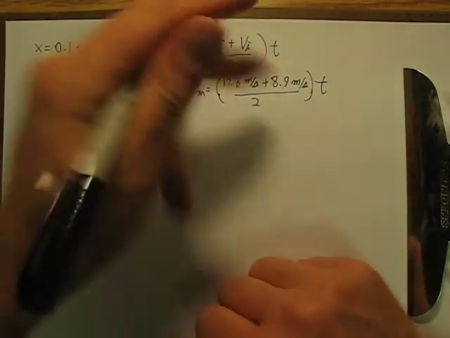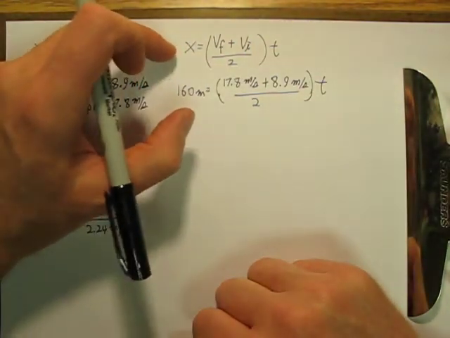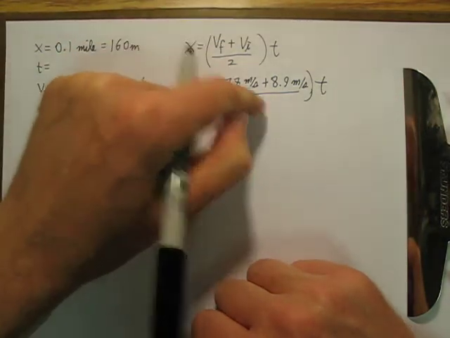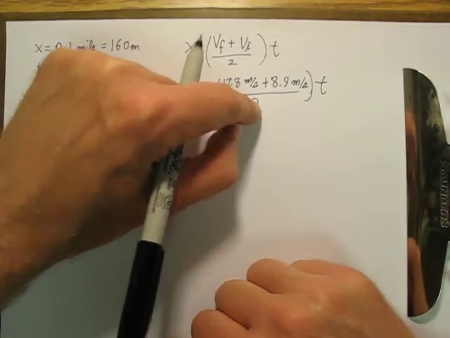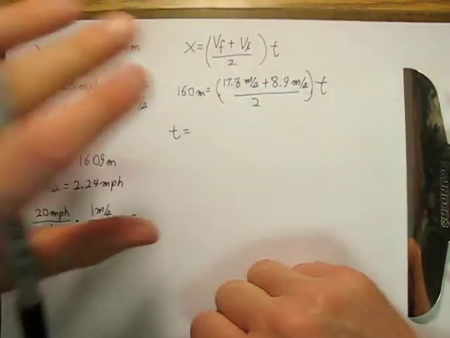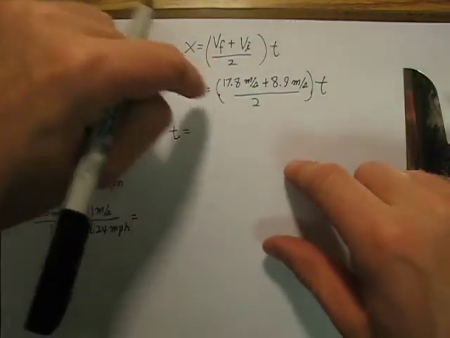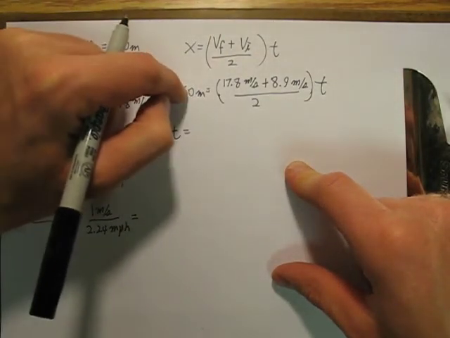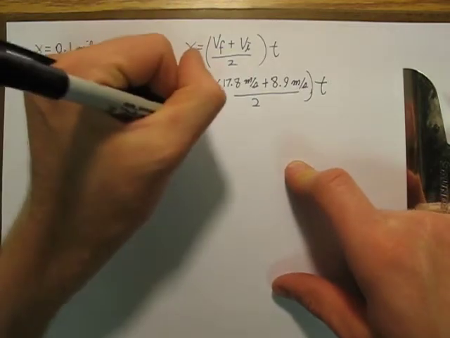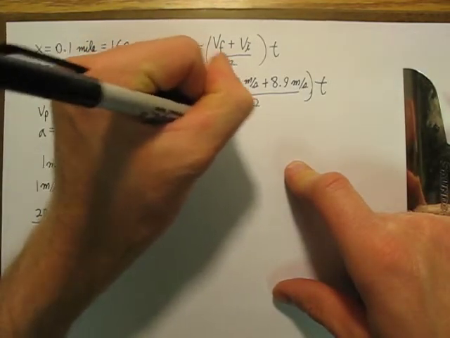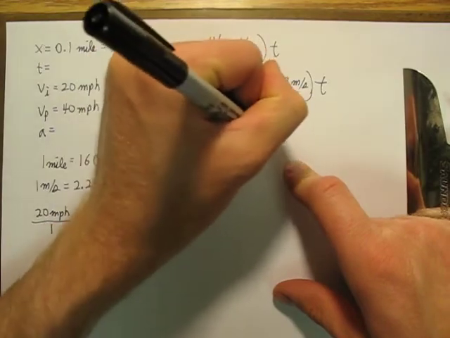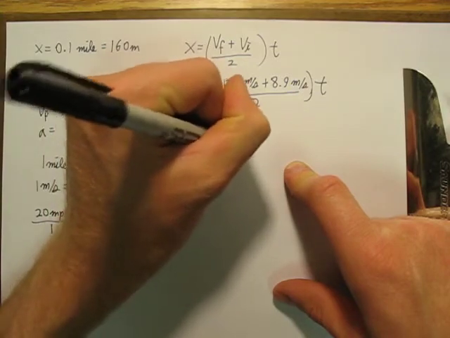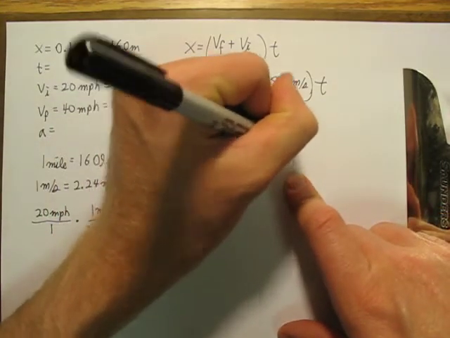So t is equal to 160 meters times 2 divided by (17.8 meters per second plus 8.9 meters per second), which is the same as multiplying by the reciprocal.